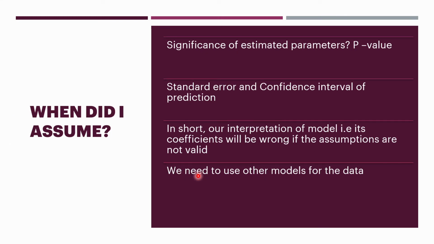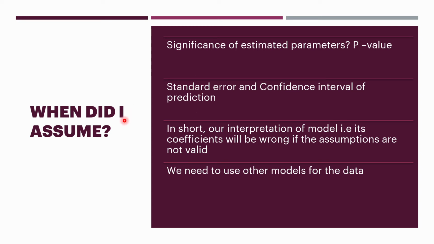One interesting question that always comes to my mind is, when did I assume? I have built my linear regression models n number of times. I just went into sklearn, said dot fit, and was done. I got it. But where did I assume? This is an important one to understand.